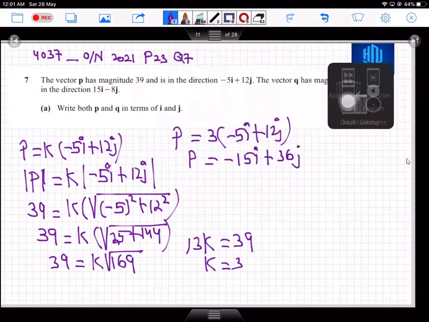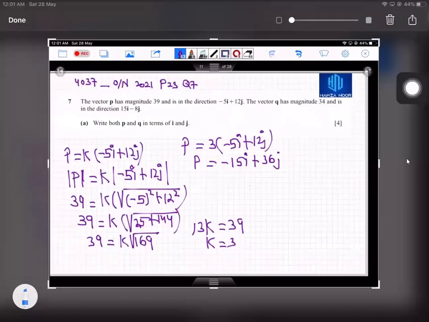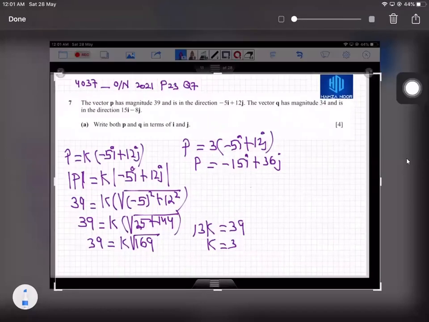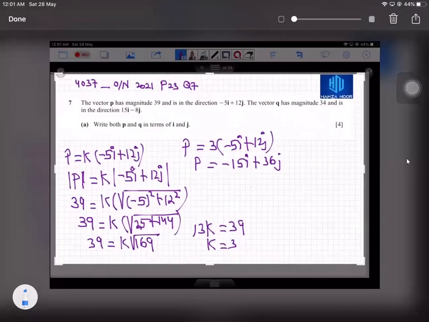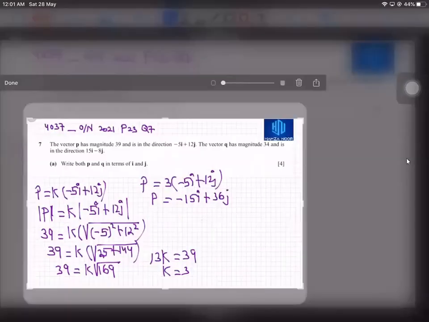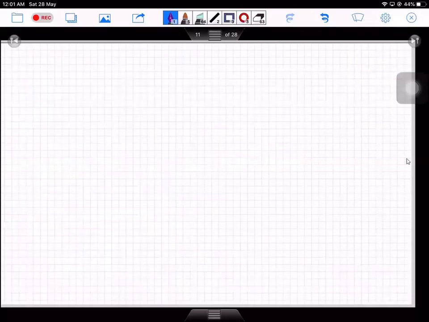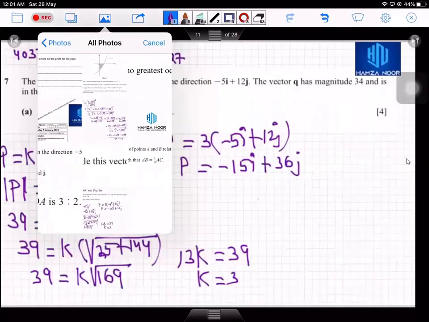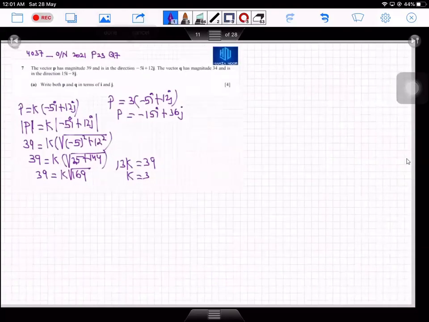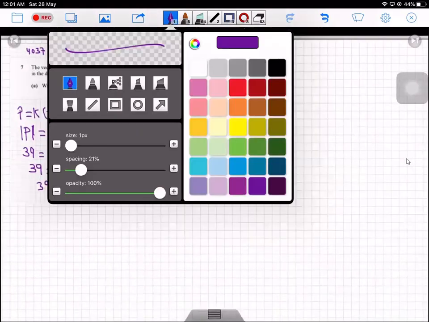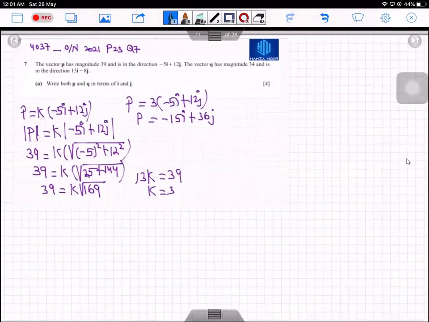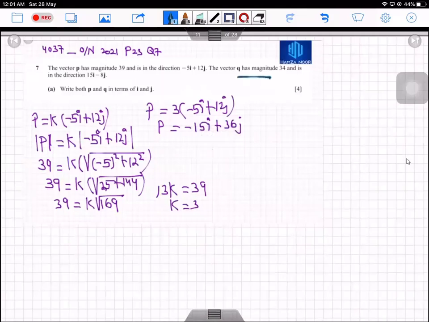Let me make some space on this page. Same working we are going to do for the vector Q.